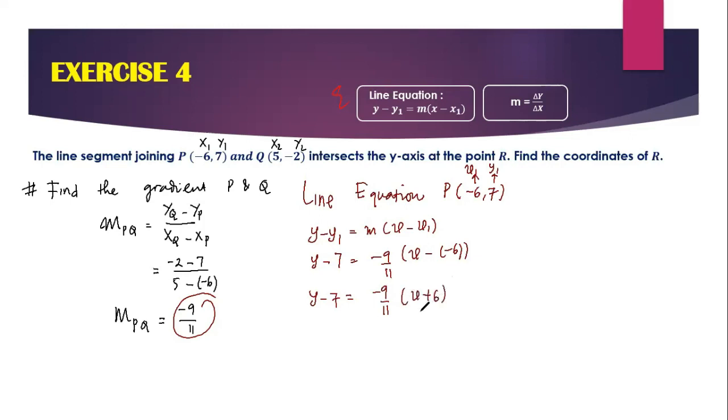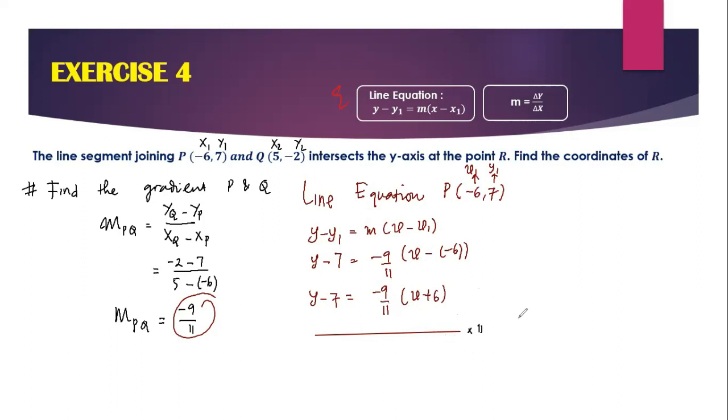What should we do? Okay, to simplify this equation, we have to times by 11, right? Why 11? Because this one is the bottom, the LCM, right? The fraction.